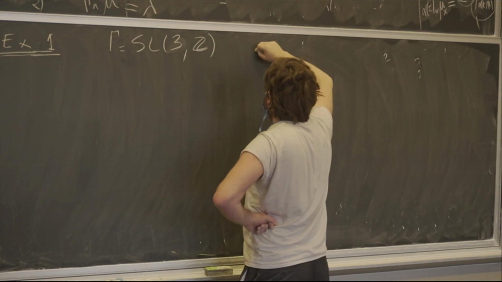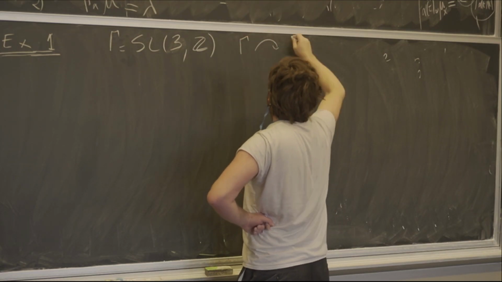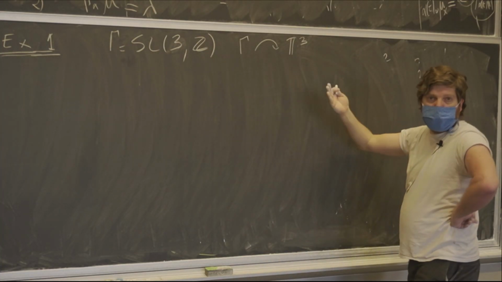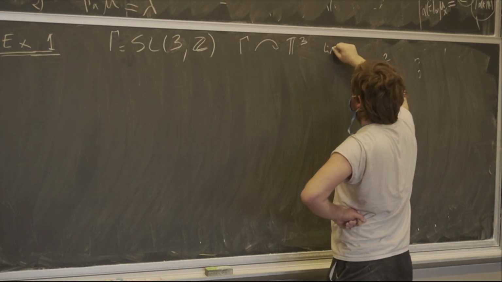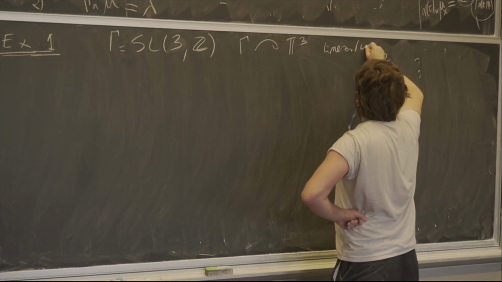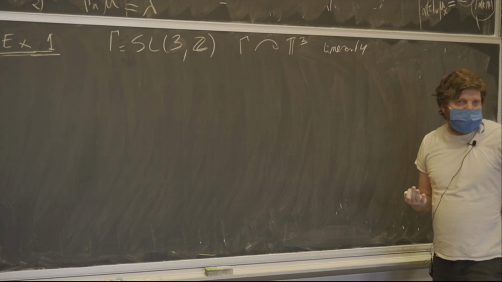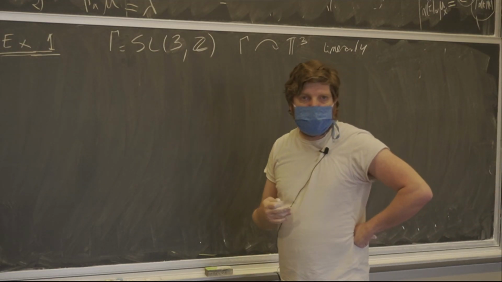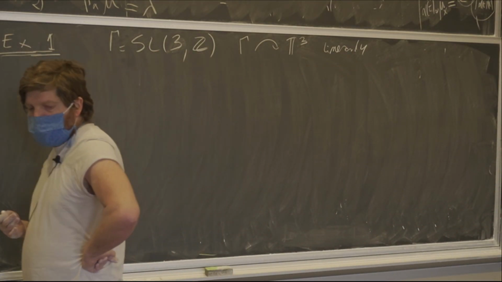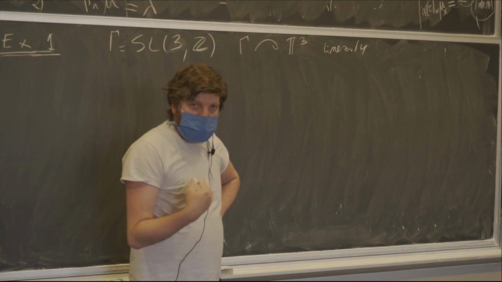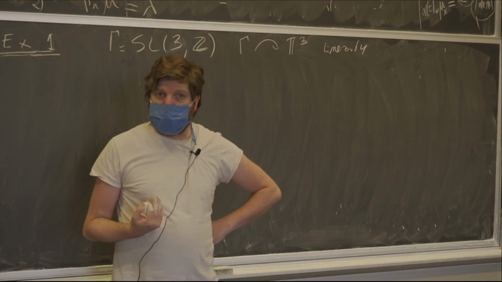You make it act on the torus T3 the obvious way, linearly. Then you know it preserves Lebesgue measure. So that's known, but let's not care about knowing that it preserves Lebesgue measure. We want to really play with the business here.